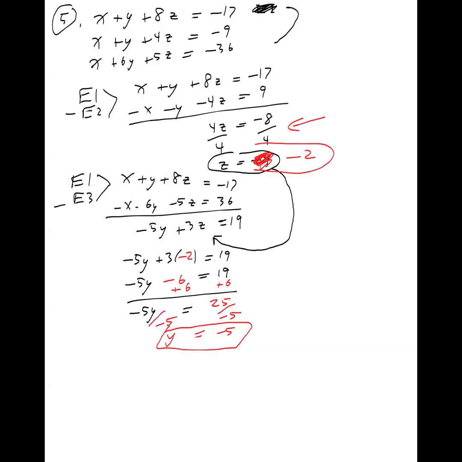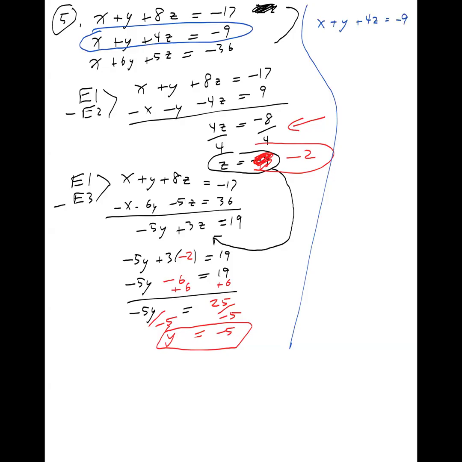And now we're ready for the final answer. So let's go back to the original problem and pick the easiest equation. I think the easiest one is the second one. So I'm going to change to blue so you can see it better. The second equation says x plus y plus 4z equals -9.